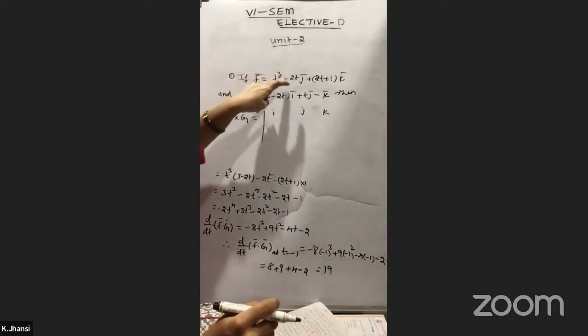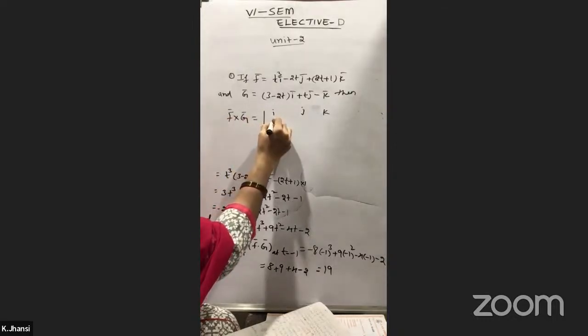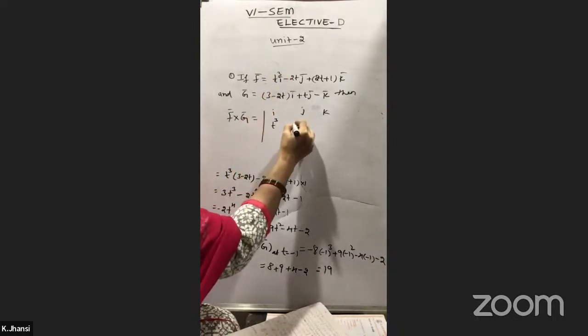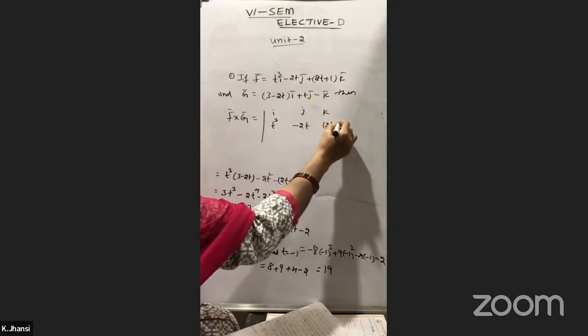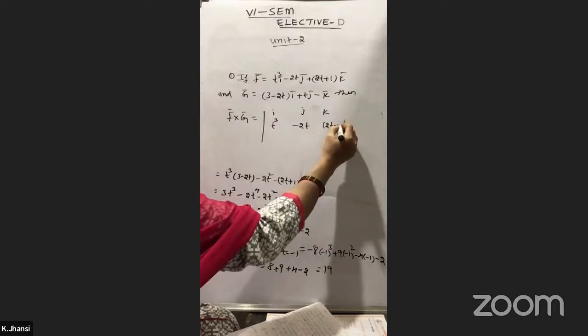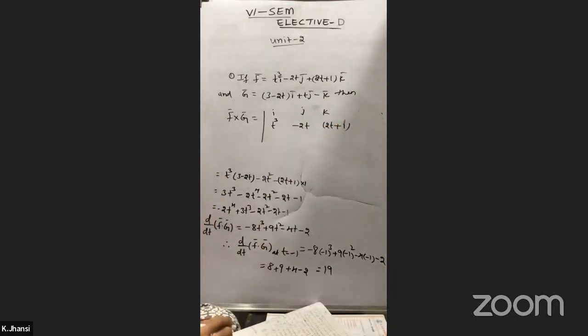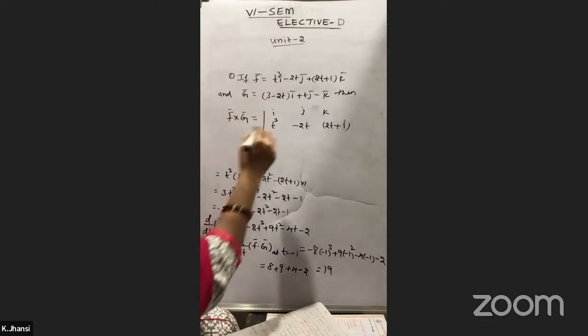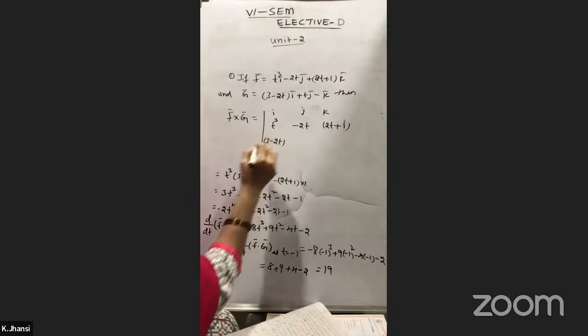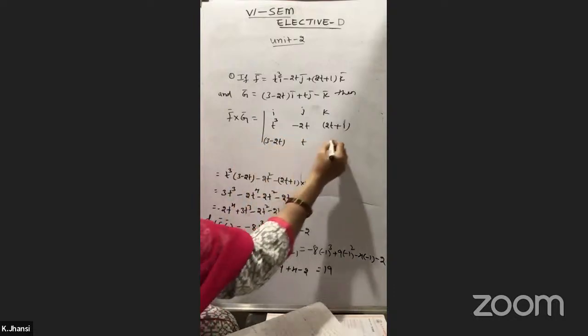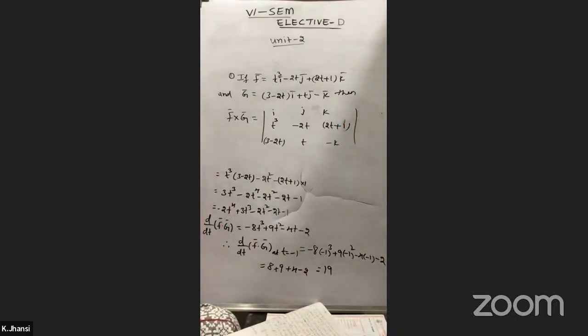The i coefficient of f is t cube, the j coefficient is minus 2t, and the k coefficient is 2t plus 1. Next, in g, the i coefficient is 3 minus 2t, next this is t, this is minus 1 for k, and the determinant of this one. Okay, now we need to find the determinant of this one.